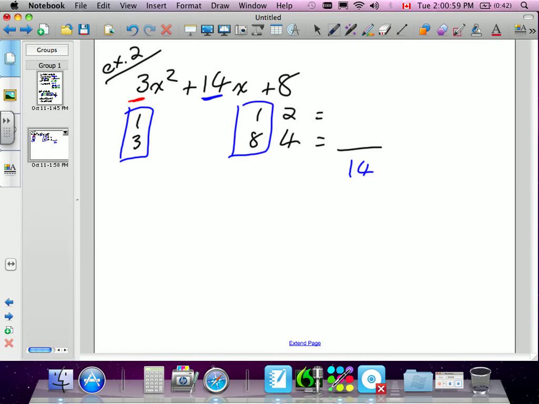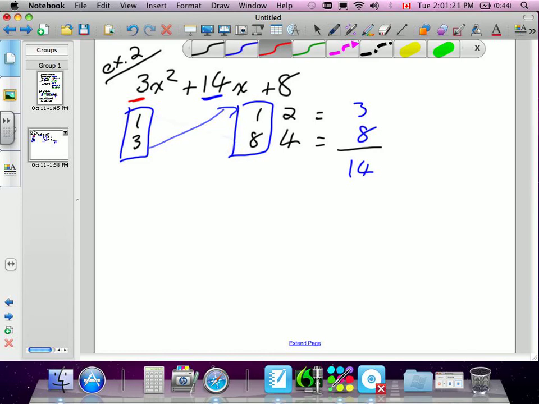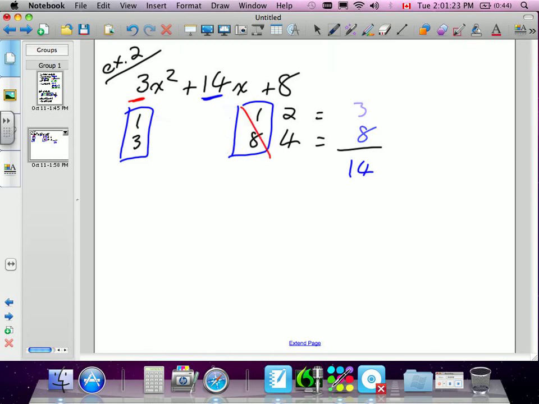So we go across: 1 times 1 is 1, 3 times 8 is 24. Any combination of those get to 14? Let's go across. 1 times 8 and 3 times 1, we get 8 and 3. Any combination of those work? No, we can't get those to be 14. So the first column does not work.